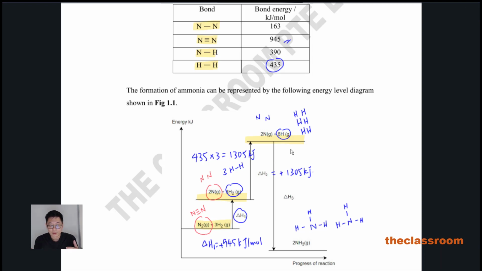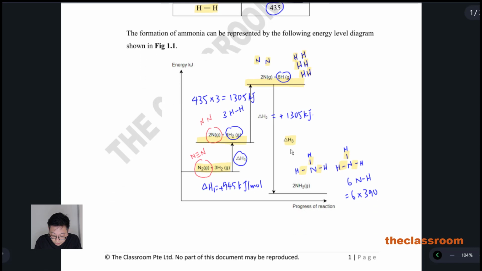Now what about enthalpy change 3? Enthalpy change 3 is bond forming. We have the N's and the H atoms coming together to form 2 moles of ammonia. So here we have the formation of 1, 2, 3, 4, 5, 6 NH bonds. So 6 multiplied by NH is 390, and 390 times 6 gives you 2340 kilojoules.